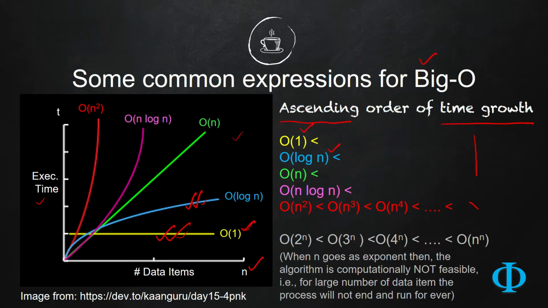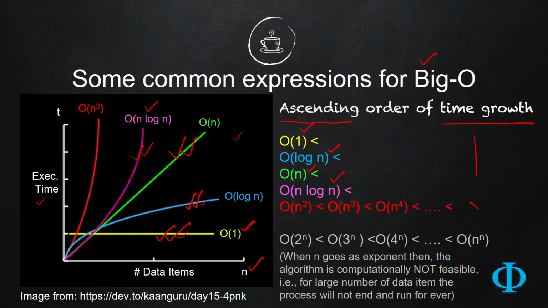Well, the next one is order of n, which is depicted using this curve, where the time taken grows almost proportionally with the number of data items. The next larger time growth is order of n log n, which is depicted by this curve.